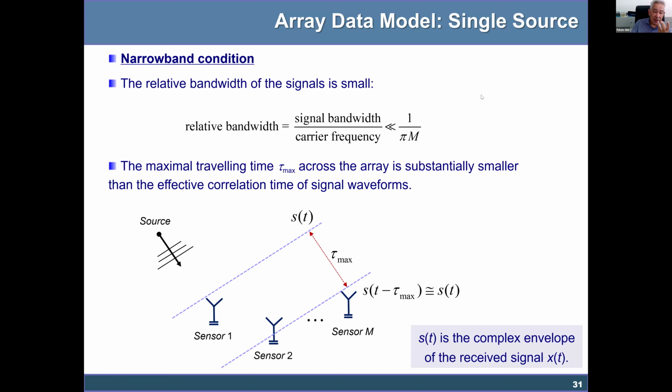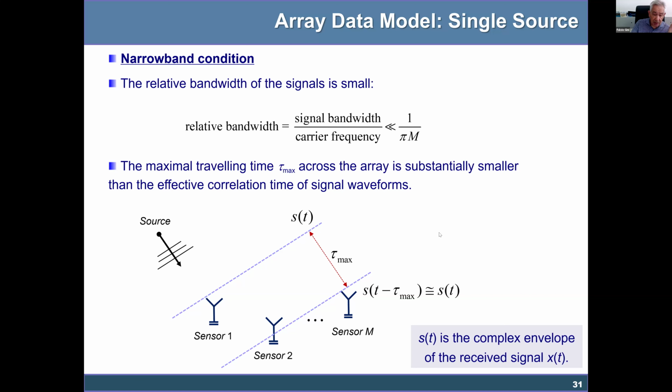When can this assumption be made? Basically, it can be made if the relative bandwidth, which is the bandwidth of the signal divided by the carrier frequency, is small enough. Small with respect to what? Basically, it has been proved that the narrowband assumption is accurate if the relative bandwidth is much smaller, so 1/10, for example, of the reciprocal of pi M, where M, remember, is the number of sensors.